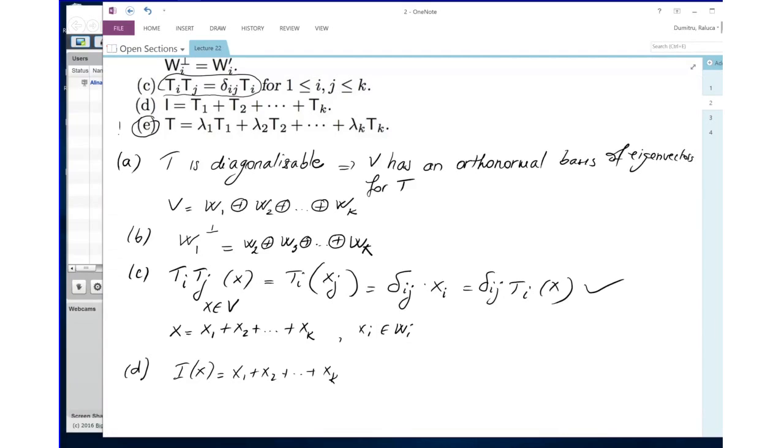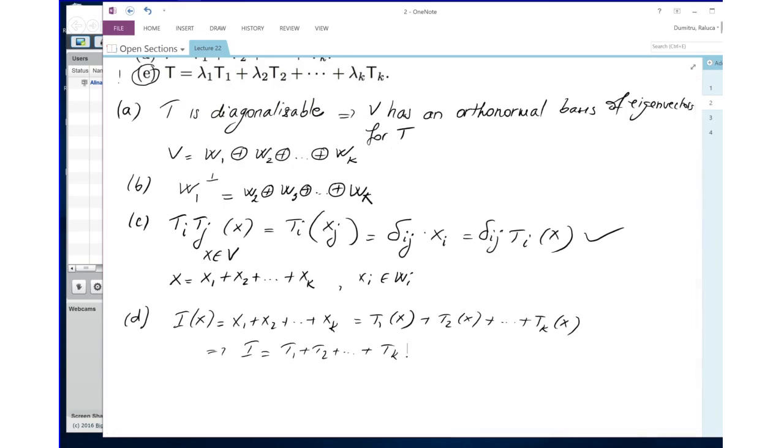But x1 is in fact T1 of x because it's the projection. T1 of x is x1, T2 of x is x2, Tk of x is xk. So the identity is T1 plus T2 plus Tk.